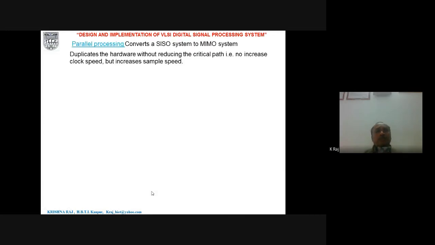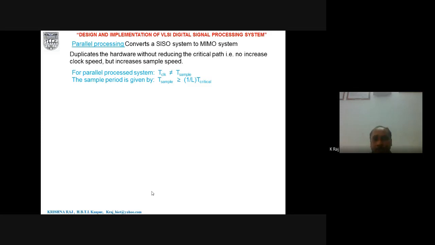In parallel processing, what is the process of the parallel processing? Naturally, the single input, single output system is converted into a multiple input and multiple output system. So here we duplicate the hardware without reducing the critical path, meaning the critical path will remain the same, and hence there will be no increase in the delay devices.